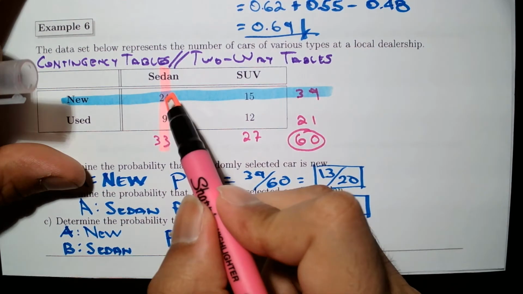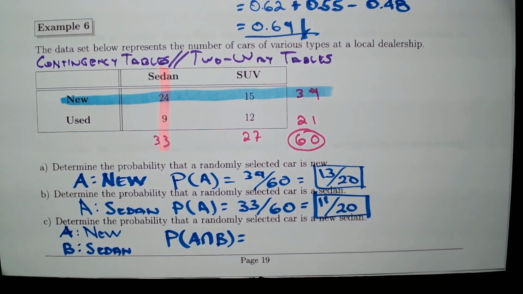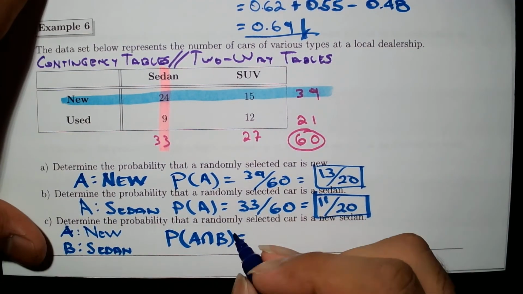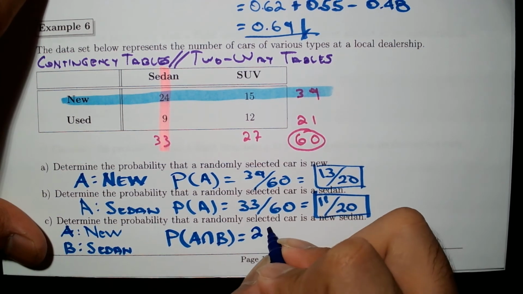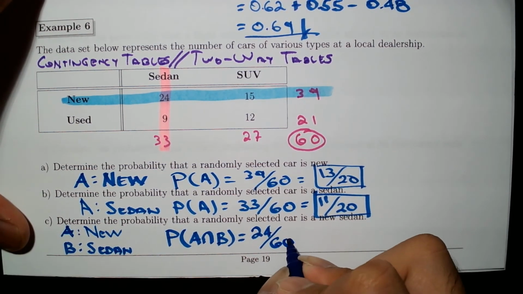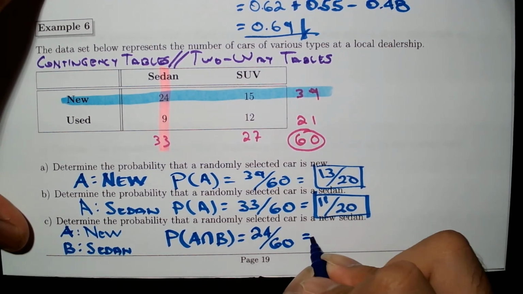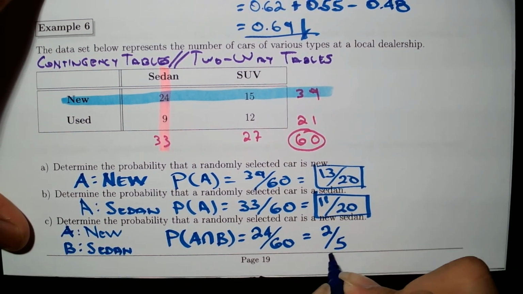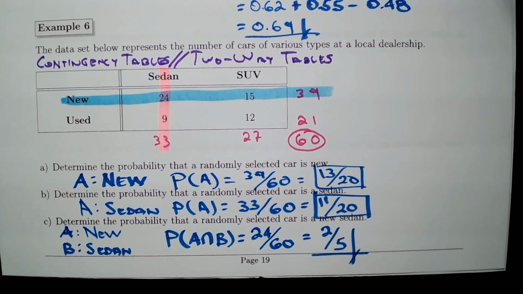So how many are there in the intersection? In the intersection, there are a total of 24 out of 60, which reduces to 2/5. You reduce this to lowest terms. Okay, so that's an example in which we use these so-called contingency tables or two-way tables.